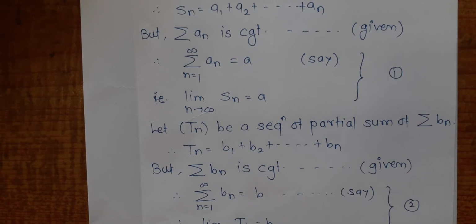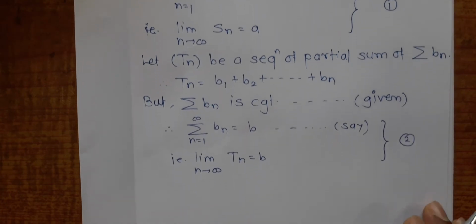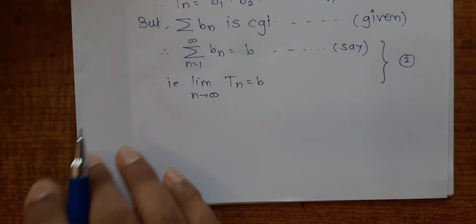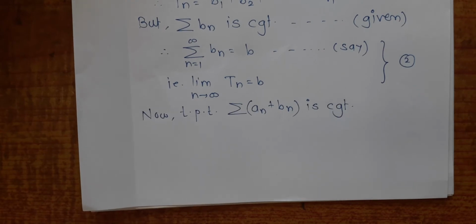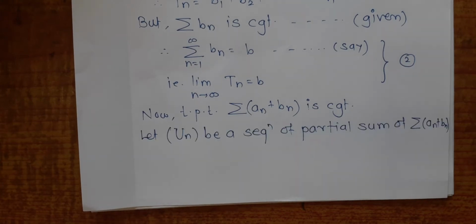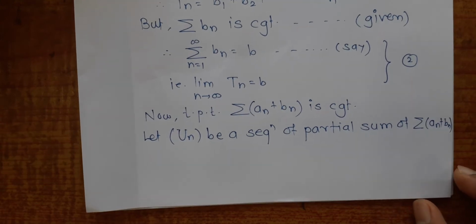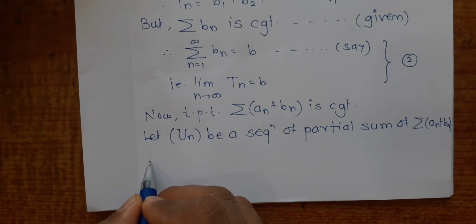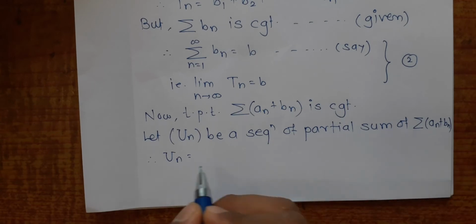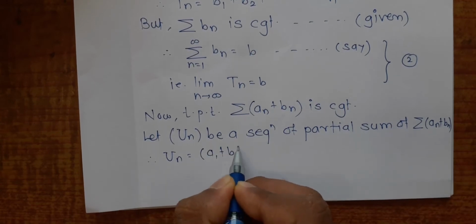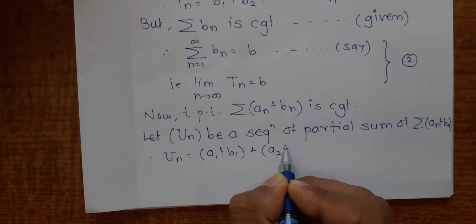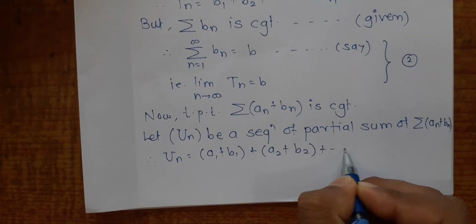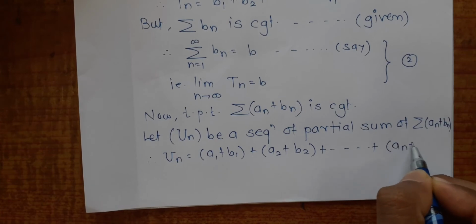Now we have to prove that summation an plus bn is convergent. What shall we do? We will take the sequence of partial sums. Let Un be the sequence of partial sums of this series, meaning the sum of the first n terms. So Un is equal to a1 plus b1, next the second term a2 plus b2, and the nth term an plus bn.